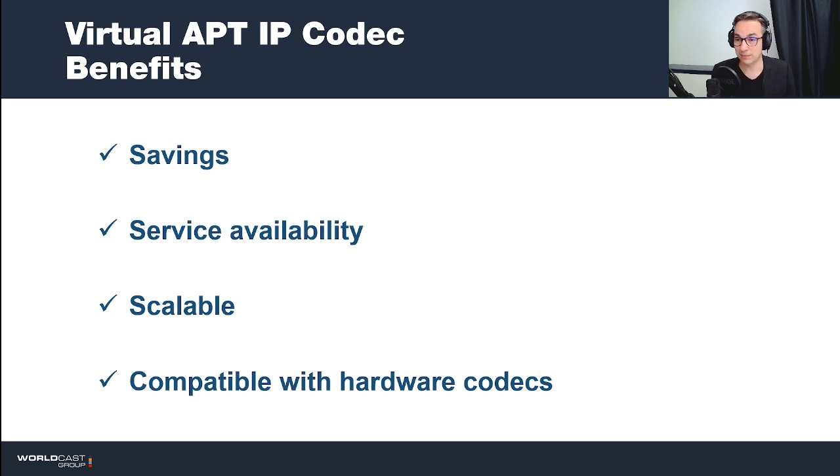And it is compatible. There is retro compatibility with your current network because we can encode with a virtual APT-IP codec, but we can decode with the hardware if we want. So it's very easy to deploy and to do a progressive migration from hardware to software.